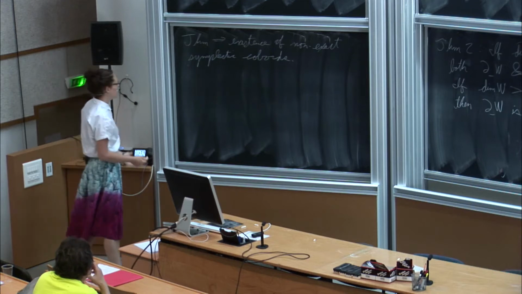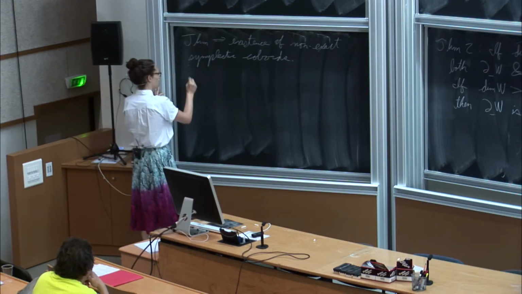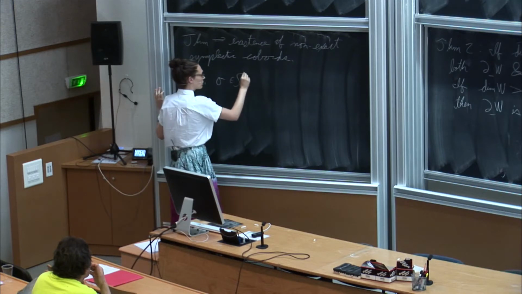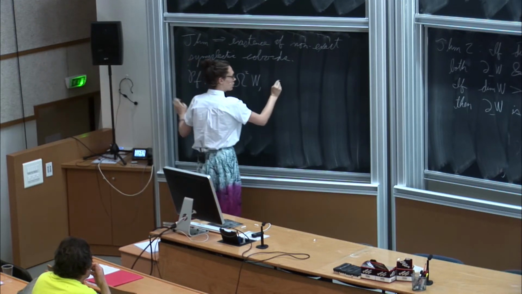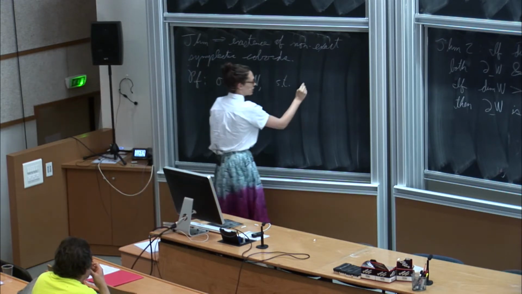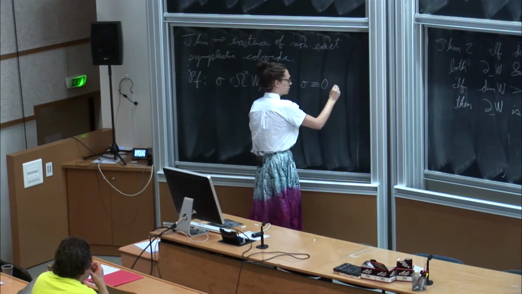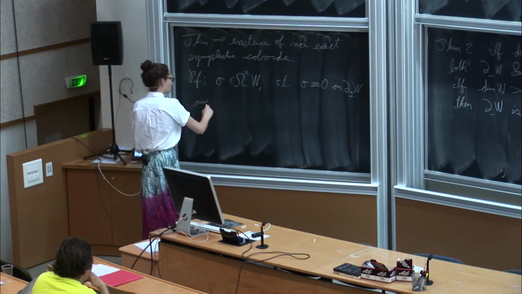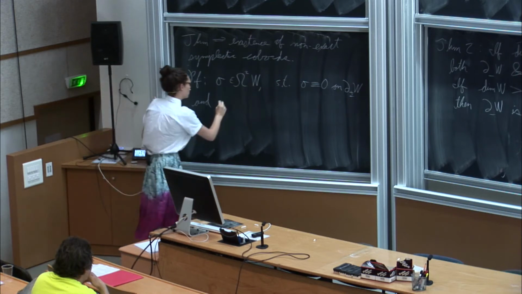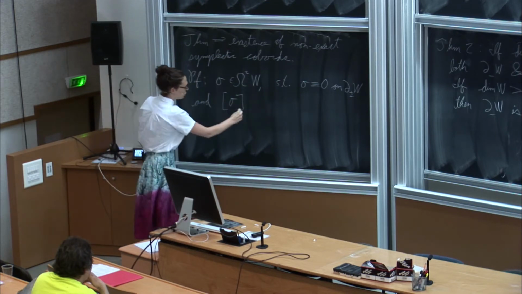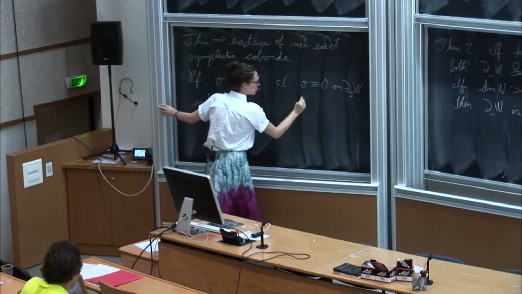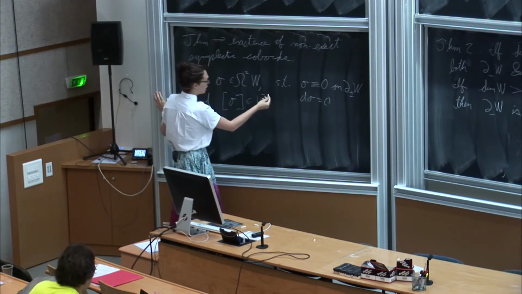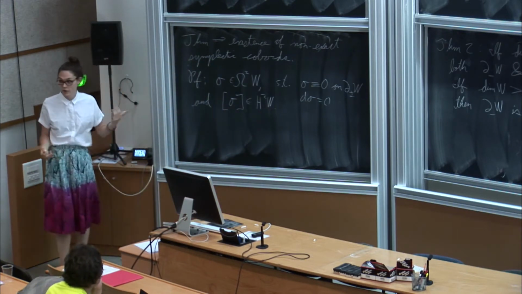And this is just immediate. All I need to do is pick some 2-form sigma on W, which is identically 0 on the boundary, and is closed, and the homology class is just whatever homology class I want it to be.